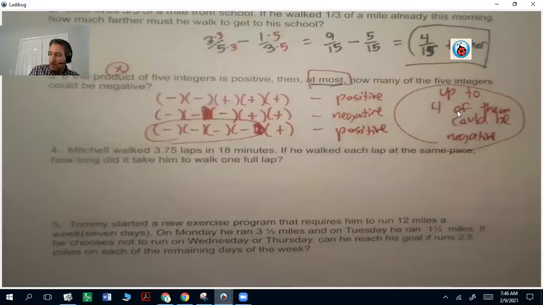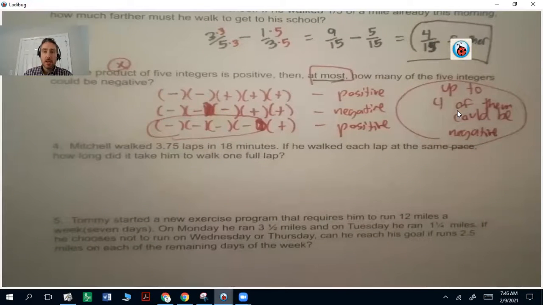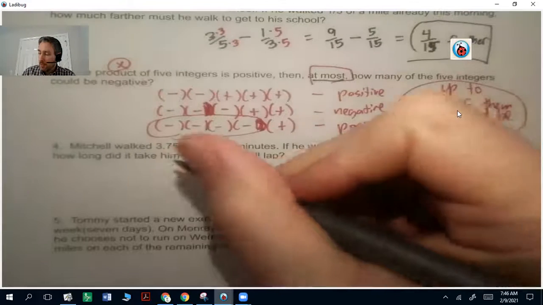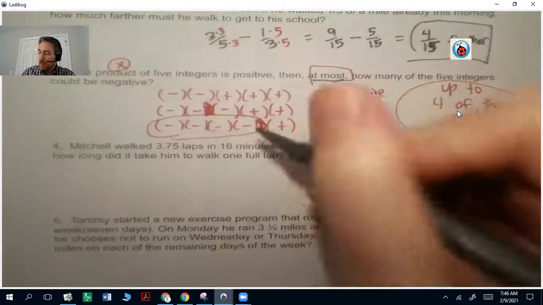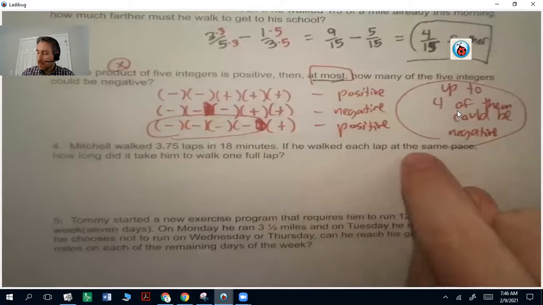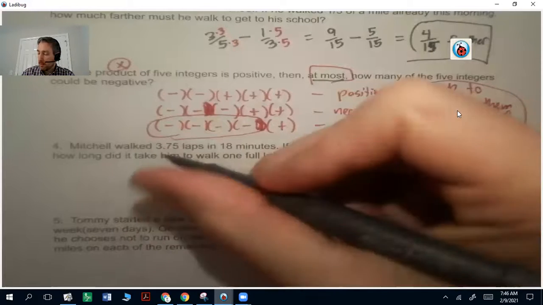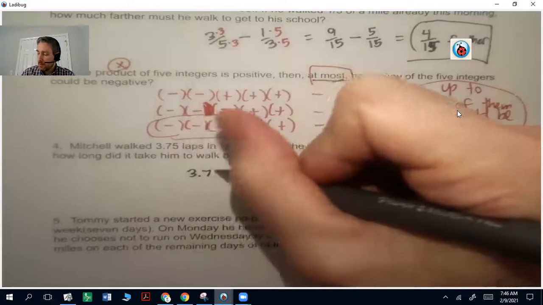Number 4, Mitchell walked 3.75 laps in 18 minutes. If he walked each lap at the same pace, how long did it take him to walk one full lap? So he did 3.75 laps in 18 minutes.